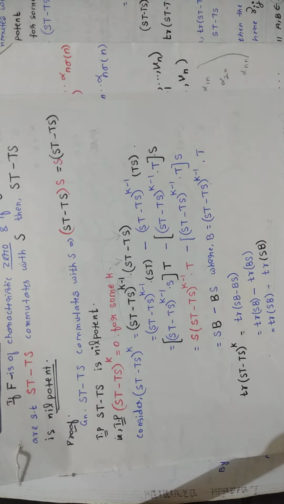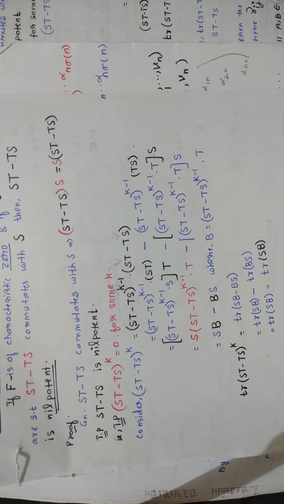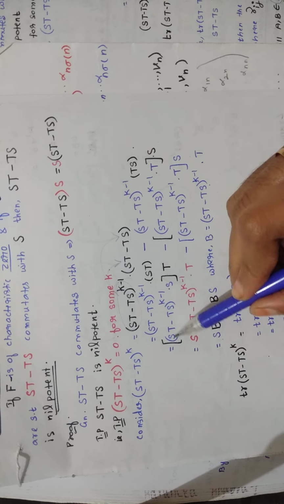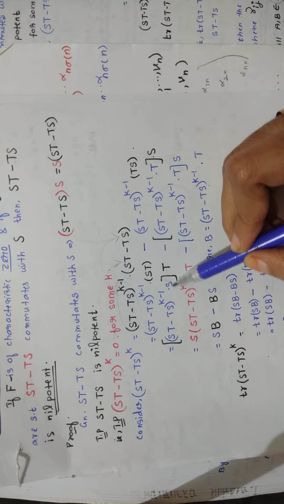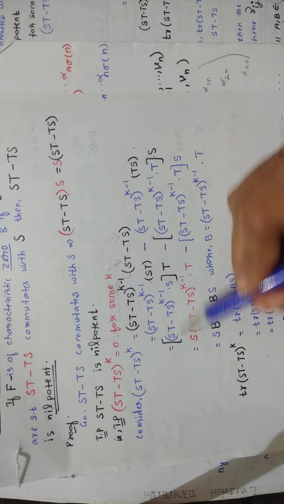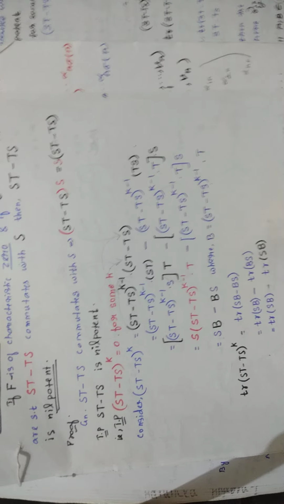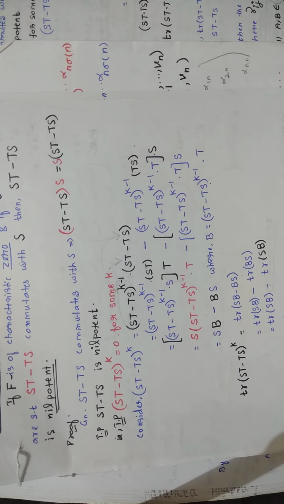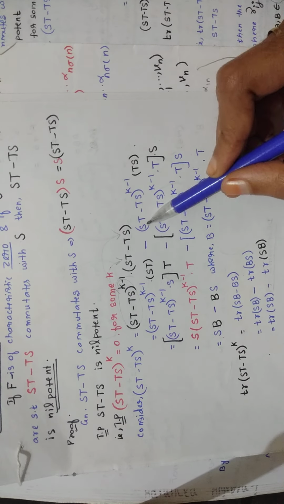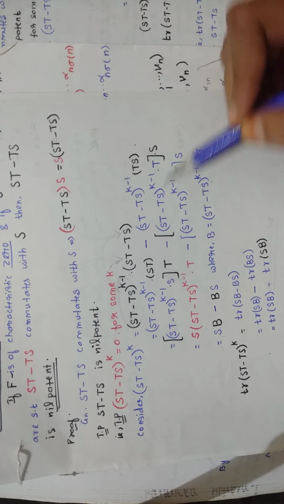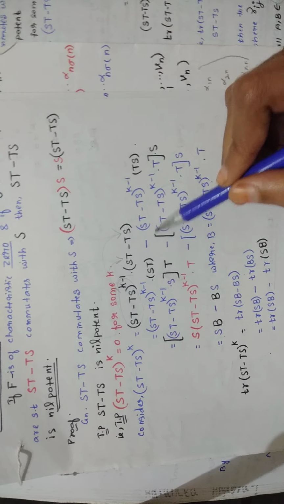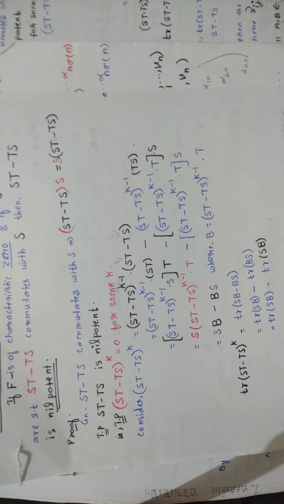In the next line, you are making a small bit of adjustment. Write this st minus ts power k minus 1 into, put this s and put this bracket and then t. The value is not going to change. Minus, again st minus ts power k minus 1 into, put this t and put this bracket and put this s.